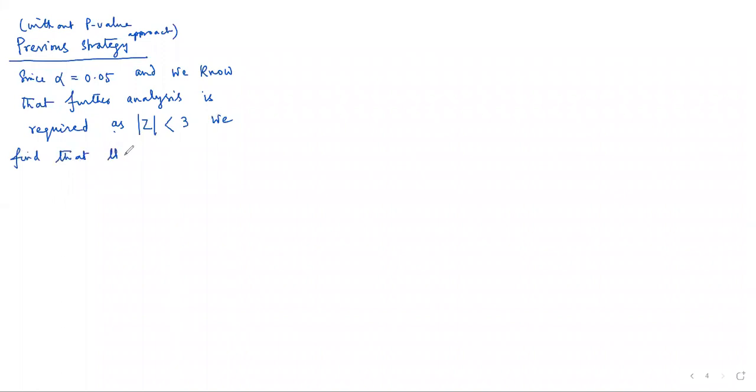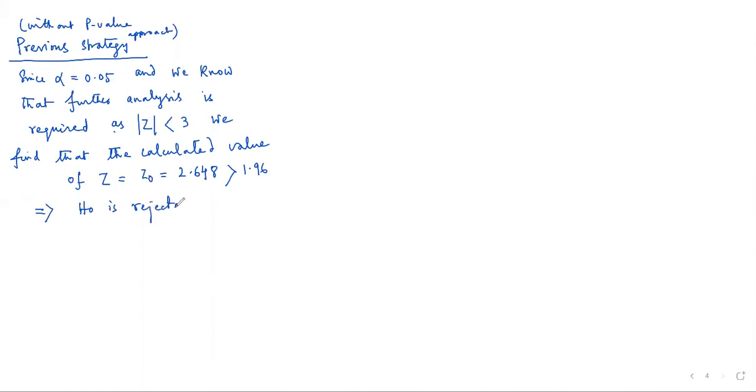the calculated value of z, which is z naught, which is 2.648, is greater than 1.96, which implies H naught is rejected at 5% level of significance.